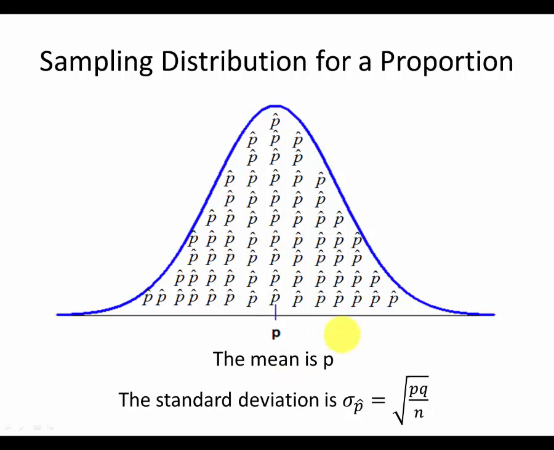The mean of this distribution, the center of it, underneath the peak, will be p, our population proportion. So sampling distributions will always center around the true population proportion p. The standard deviation, which will help us determine how skinny or wide this bell curve will be, can be determined by multiplying p times q over n and then taking the square root.